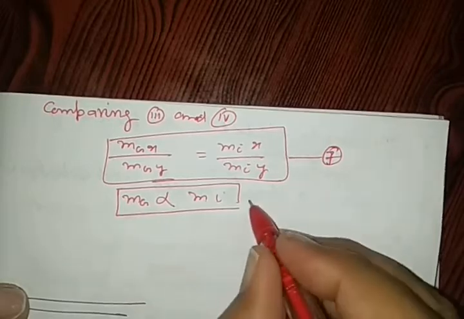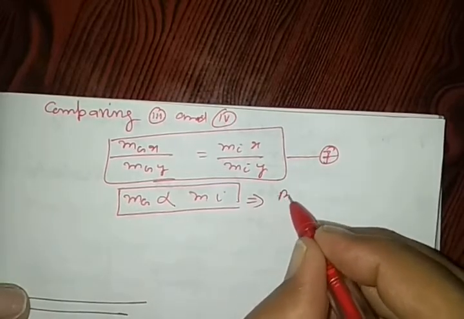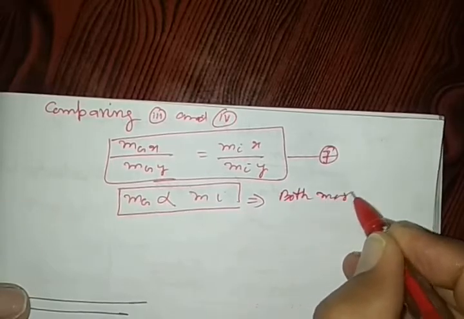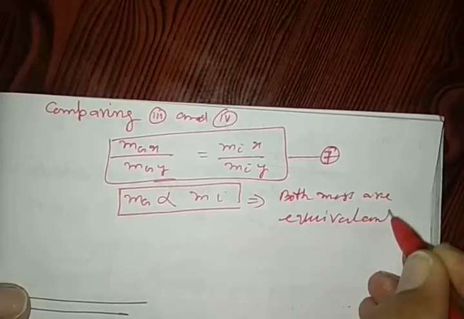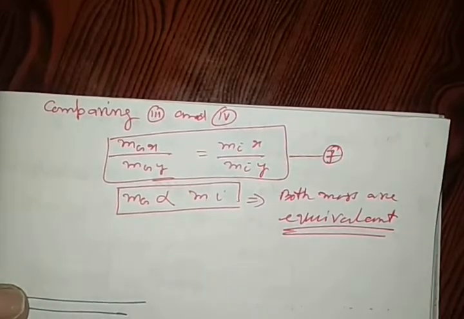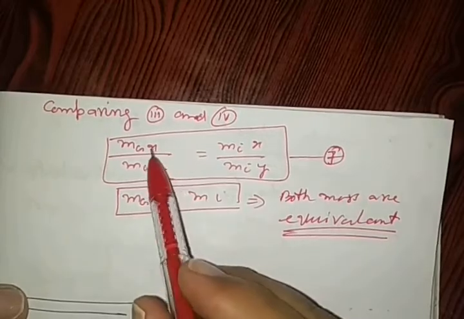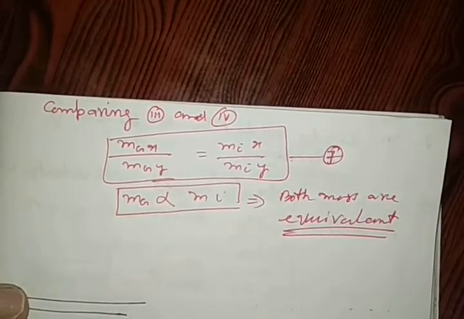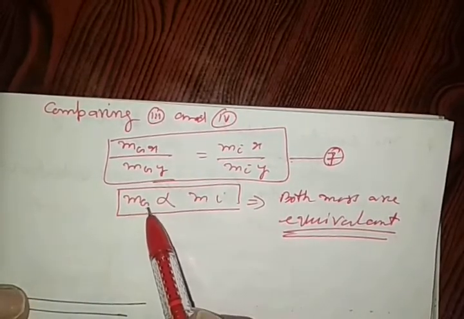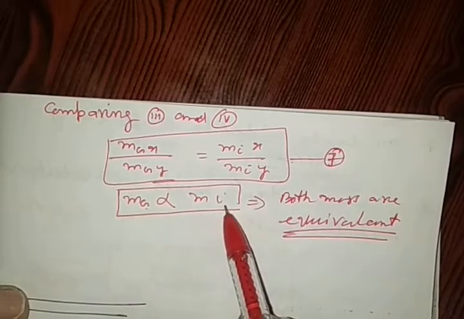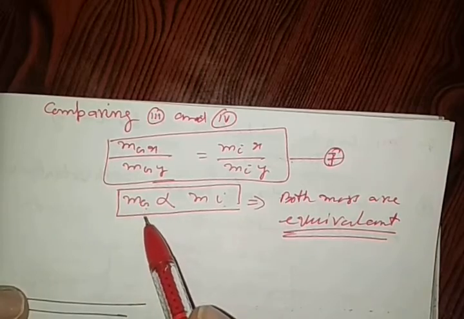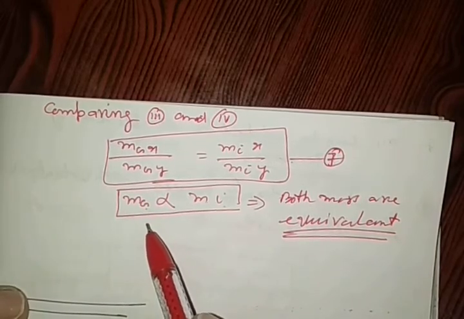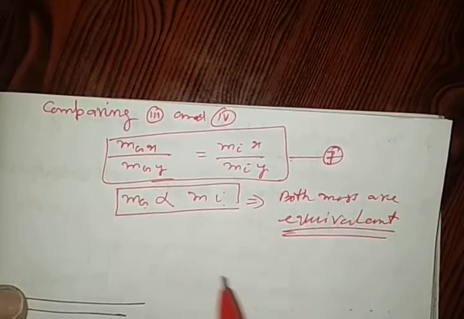It means that both masses are equivalent. The ratios are the same, which implies that gravitational mass is directly proportional to inertial mass, or the inertial mass of a body is directly proportional to the gravitational mass of the same body. This implies that both are equivalent to each other. So this is for today only.